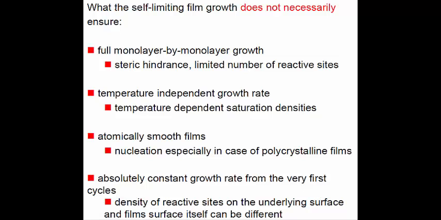Atomically smooth films are also not guaranteed, because nucleation can happen, especially in the case of polycrystalline films. And an absolutely constant growth rate from the very first cycles also cannot be expected, because the density of the reactive sites on the underlying surface and the film surface itself can be different. But a lot of research is going on in ALD, and it is a very promising technology.